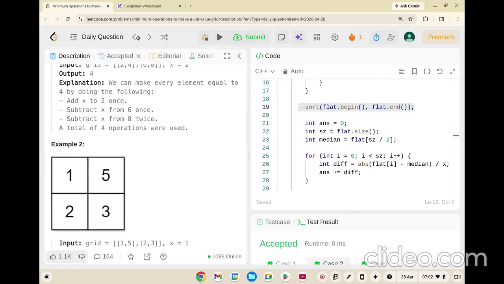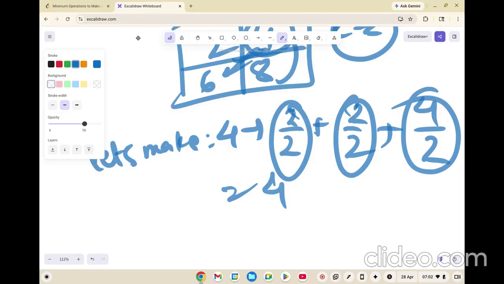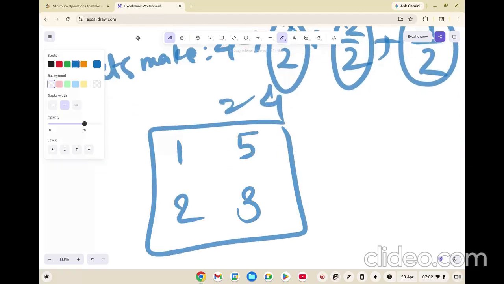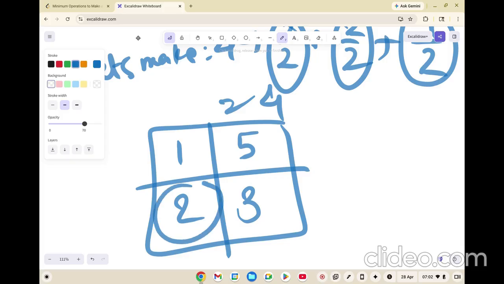Next test case: 1, 5, 2, 3, and x is 1. If you try to make the elements 2, then the cost will be, since x is 1, 2 minus 1 is 1, so 1 by 1. Then 5 minus 2 is 3, so 3 by 1.